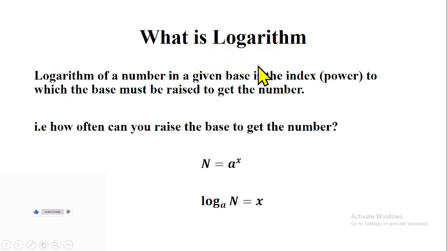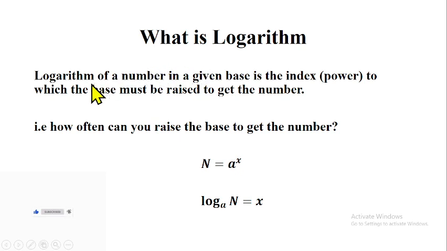So they only ask them to solve questions. But I must tell you that when it comes to logarithm, the definition of logarithm itself can help you tackle some questions. So understanding the definition of logarithm itself can help you solve some questions in logarithm without any stress.